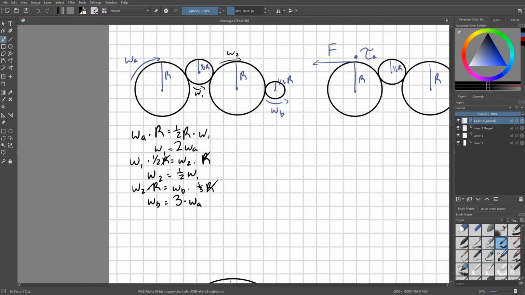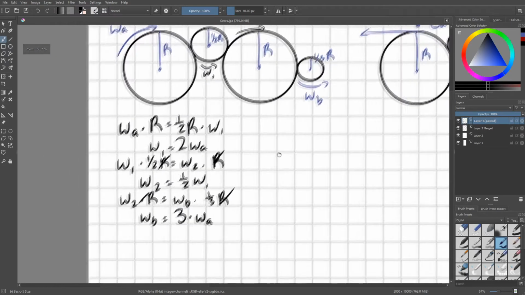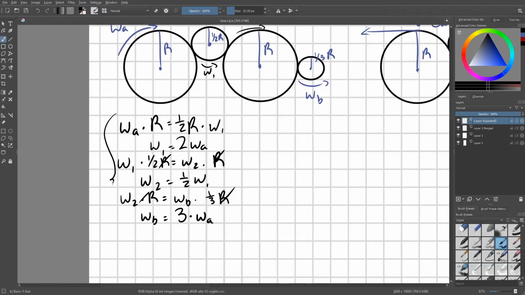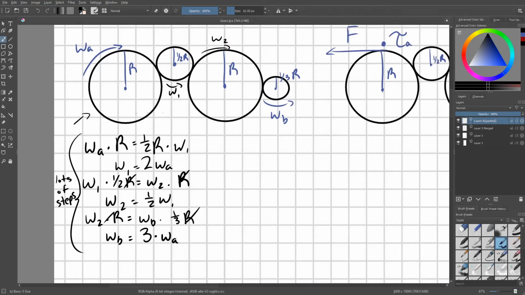All right. Now the key here was to demonstrate that we could go through all these steps, lots of steps, or we just look at the first gear in the chain and the last gear in the chain.